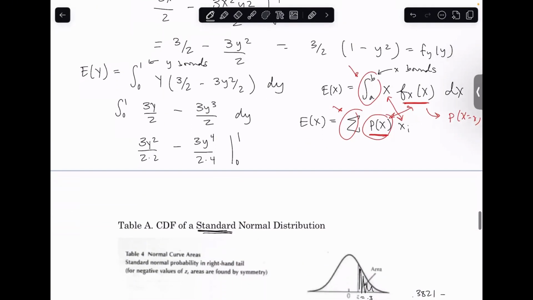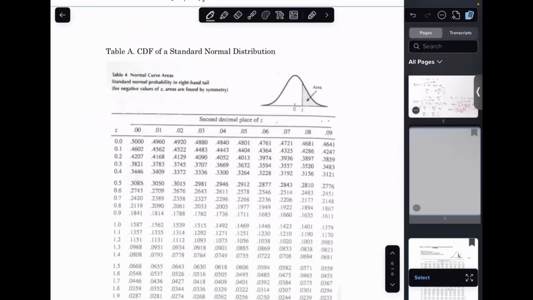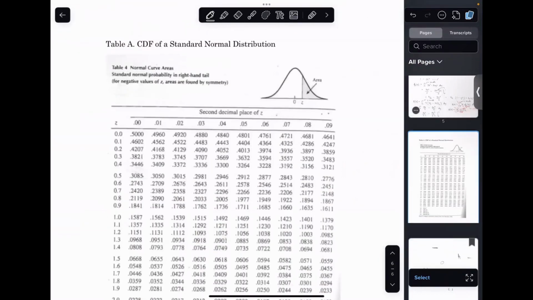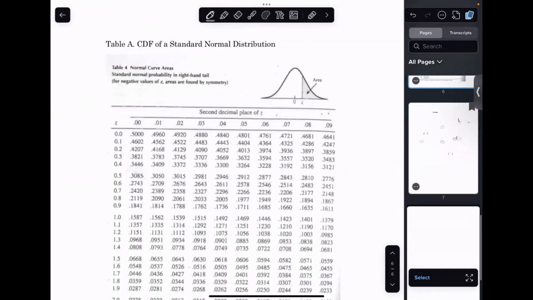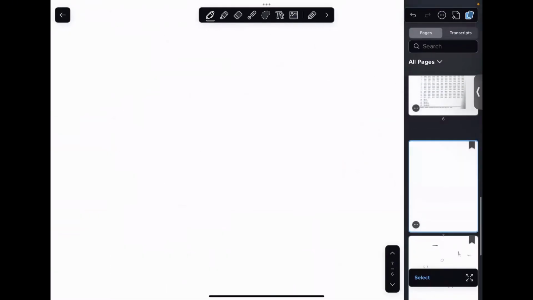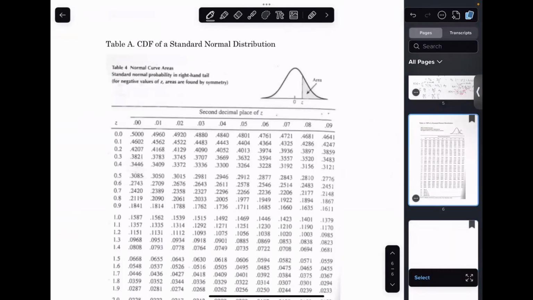Also remember, I need to add more pages. Sorry, technical difficulties here.